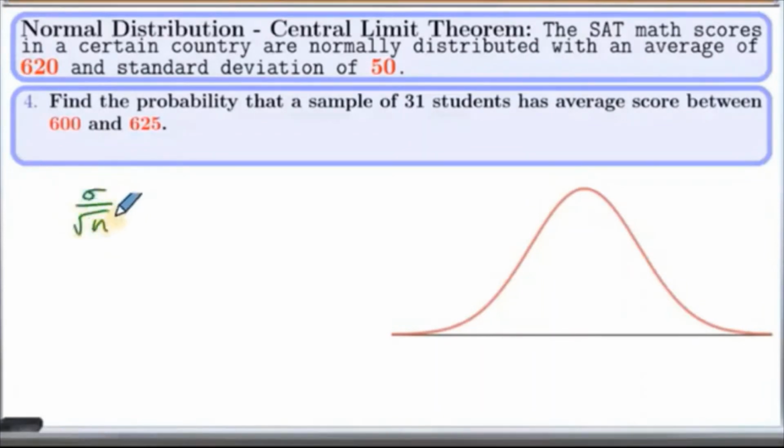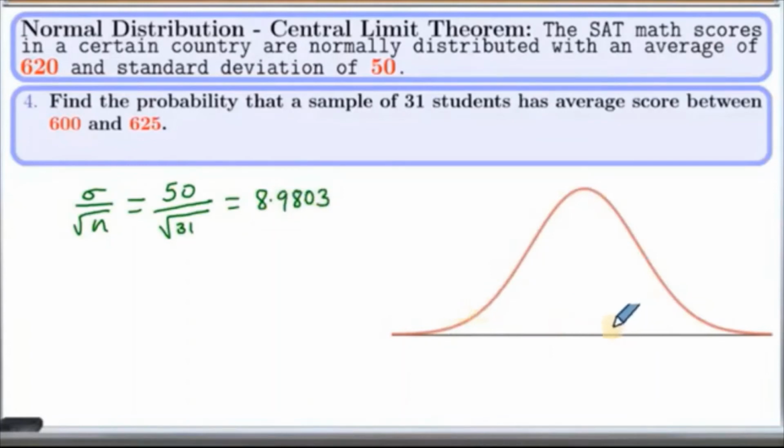This will be the standard deviation that we'll use in our calculations, which is equal to 50 over square root of 31. And this is equal to 8.9803.